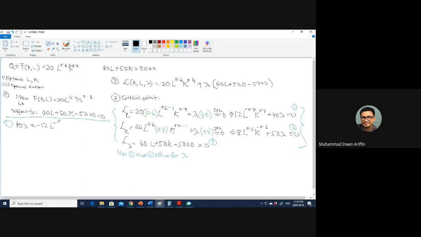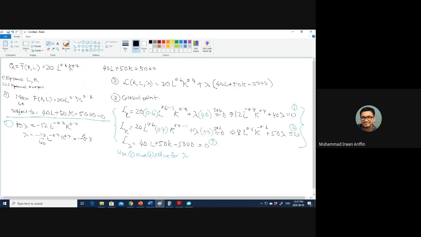So don't forget the negative sign. And lambda here would then equal negative 12 divided by 40, L to the power of negative 0.4, K to the power of 0.4, and what is negative 12 divided by 40? This would be negative 0.3.